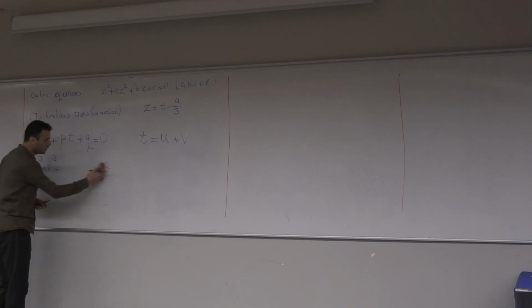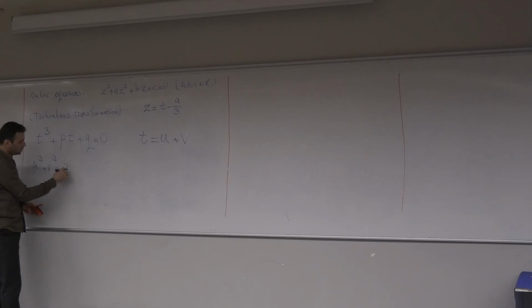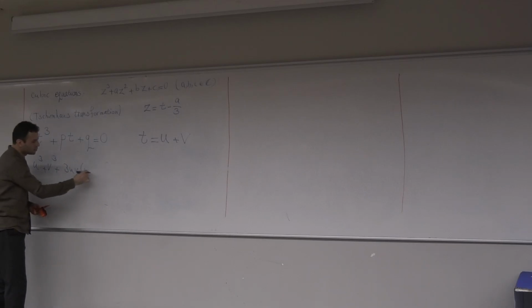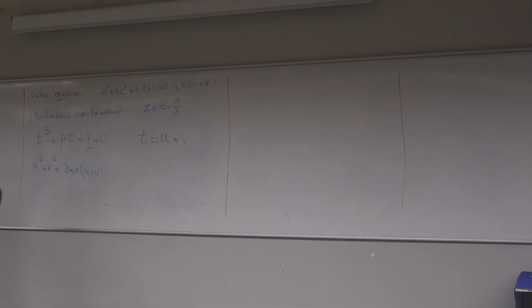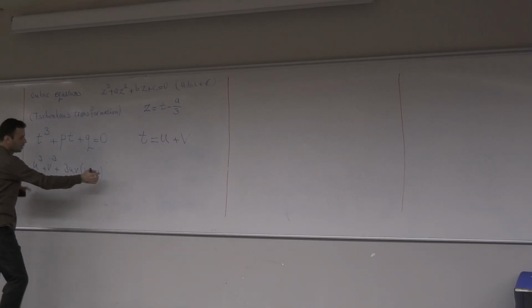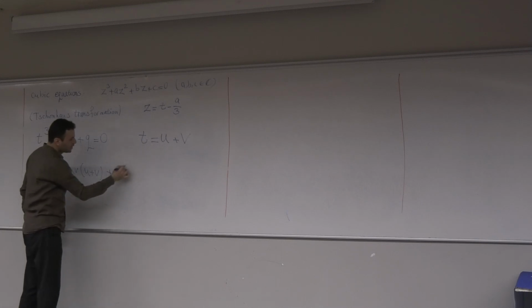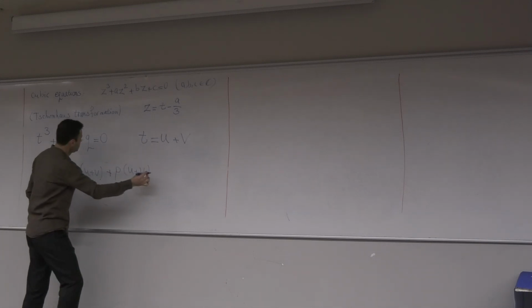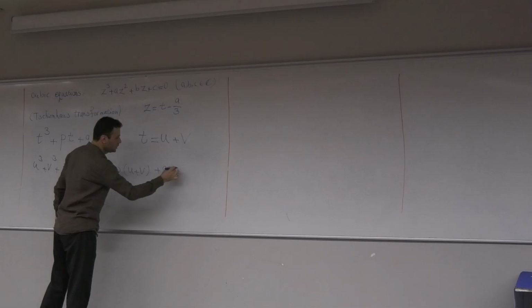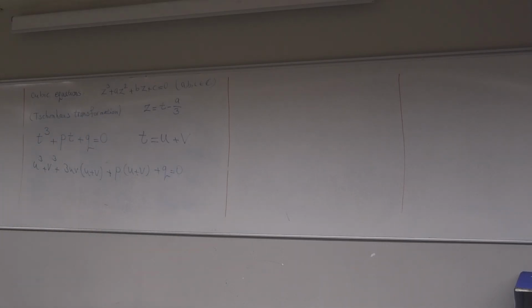I can. And if I do it, what will happen? 3uv times u plus v. This is only for this one. Plus p times u plus v plus q equal to 0.